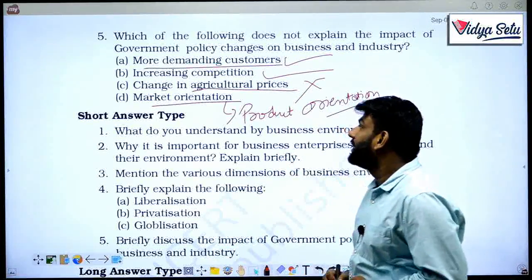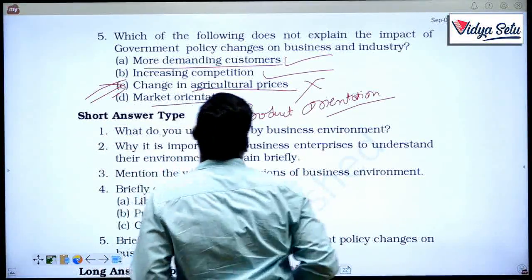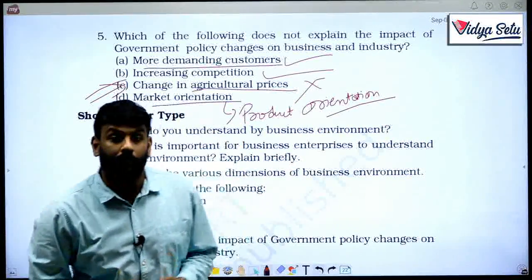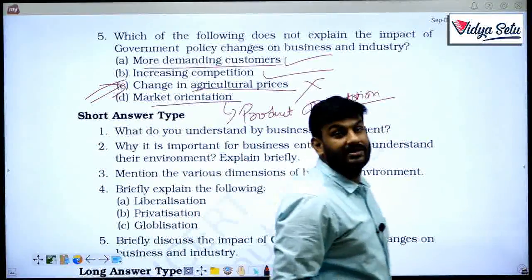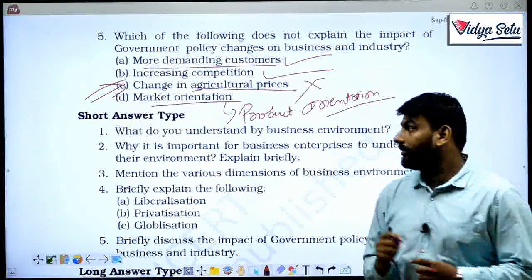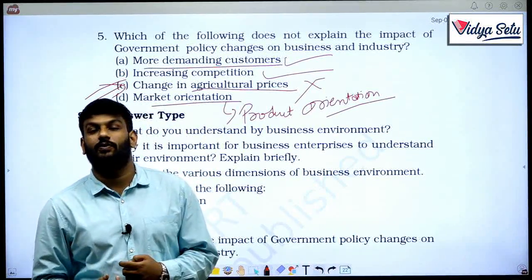So my dear friends, option C does not have an impact on the business environment or business challenges. Changing agriculture prices will not impact your organization. Clear? So these are the 5 MCQs given in our NCERT book.